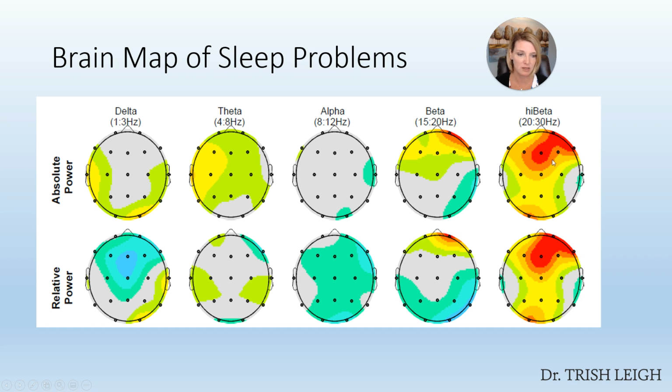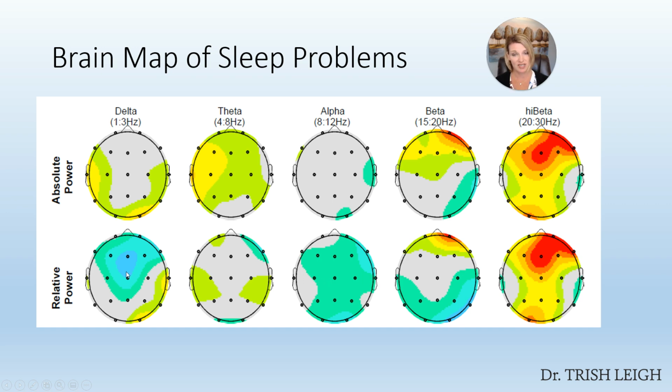Too much high beta. This brain is cranking away, especially in the frontal lobe. And we know the frontal lobe here is associated, especially here in the middle, with the anterior cingulate gyrus. That's a hamster on the wheel. We know it's associated with that. So this brain's using much too much high beta. At the same time, relatively speaking, it is not using enough alpha speed to help it feel calm and relaxed.